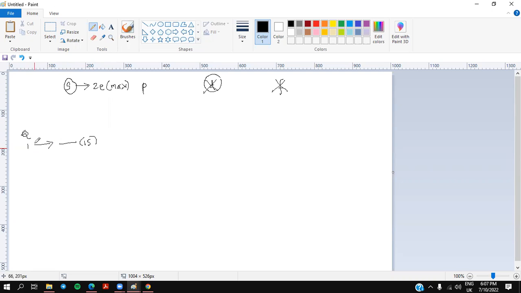This 1s is closest to the nucleus. If you take the nucleus here, how many electrons can 1s have? Maximum 2 electrons. It means there is an area around the nucleus of an atom, which is called 1s. There are 2 electrons.